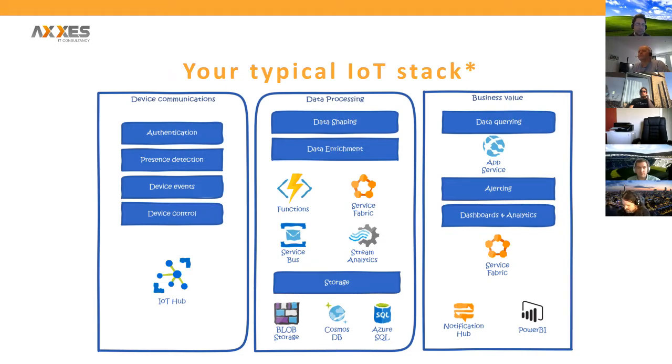First, your devices will need to authenticate against your backend, and you will need to be able to detect if they're actually online or not, which is what we call presence detection. And then your devices need to be able to send data to your backend and receive control from your backend. So those are commands and events going in both directions.